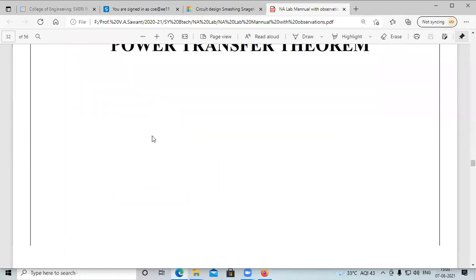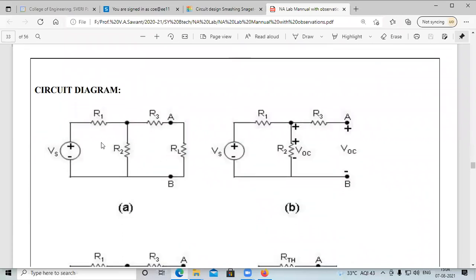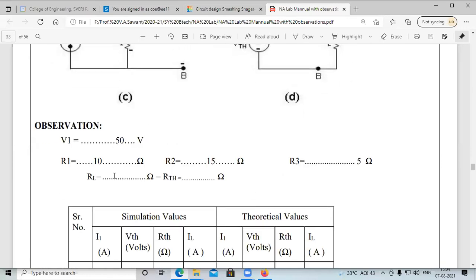In the maximum power transfer theorem, again it is similar to Thevenin's theorem. Here I have not given the value of RL, only the observations. See, voltage V1 is 50, resistance R1 is 10, R2 is 15, R3 is 5.